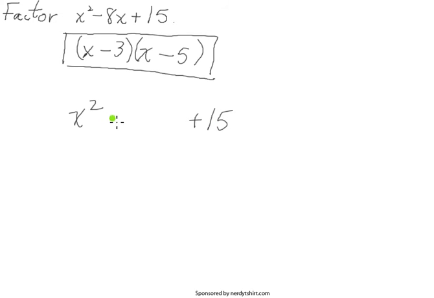That middle term comes from the combination of like terms generated by the outer and inner products of the FOIL. So again you ask the same question: what are the factors of plus 15 that combine to minus 8? Again, they're minus 3 and minus 5.